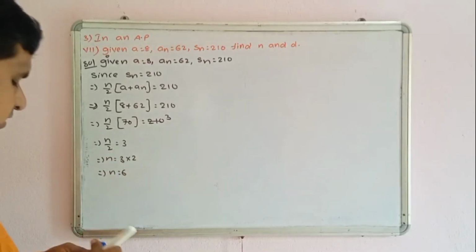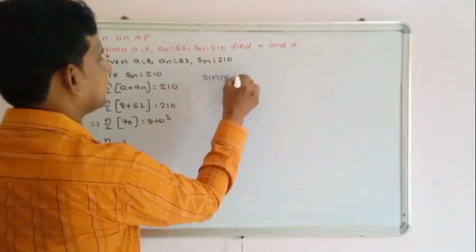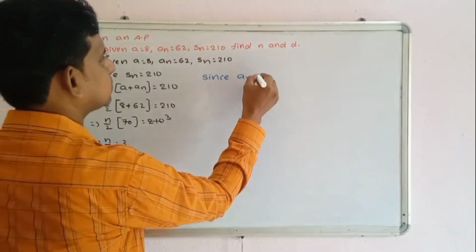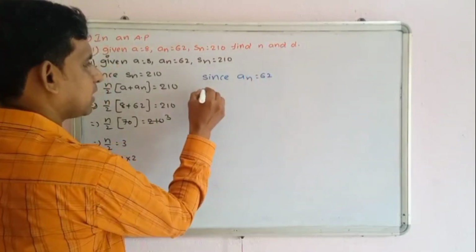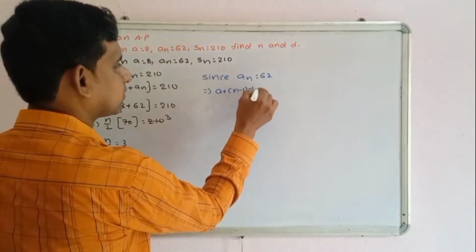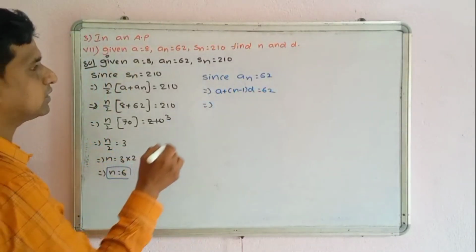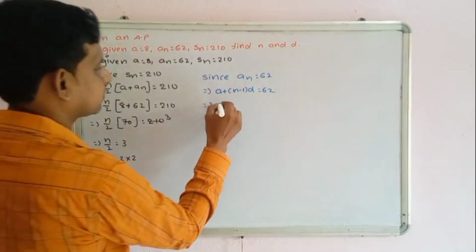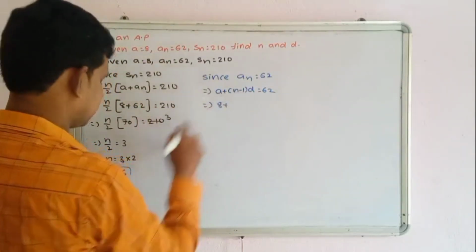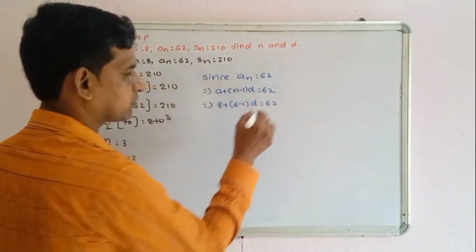Since a_n equals to 62, what is the formula? a_n formula a plus n minus 1 into d equals to 62. Here the value of a is how much? 8. 8 plus n minus 1, n is 6, 6 minus 1, d equals to 62.